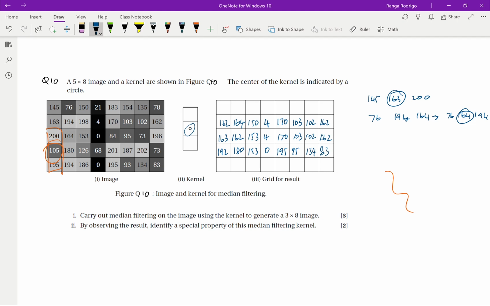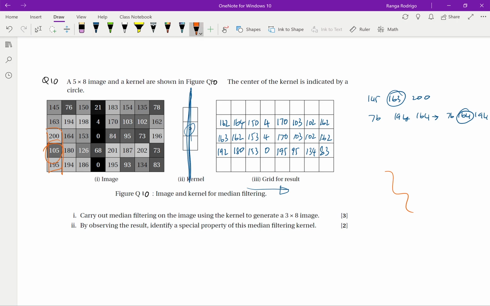By observing the result, identify the special property of this median filtering kernel. So this median filtering kernel, because it is a kernel like this, it does not do median filtering horizontally but vertically. So it is a kind of vertical edge preserving median filtering.